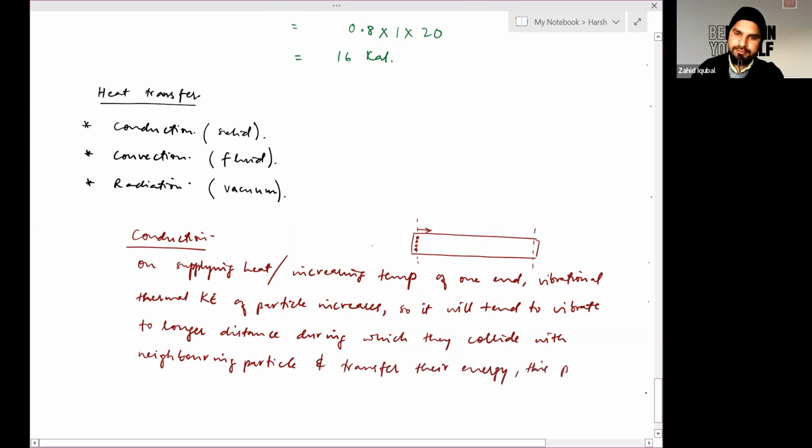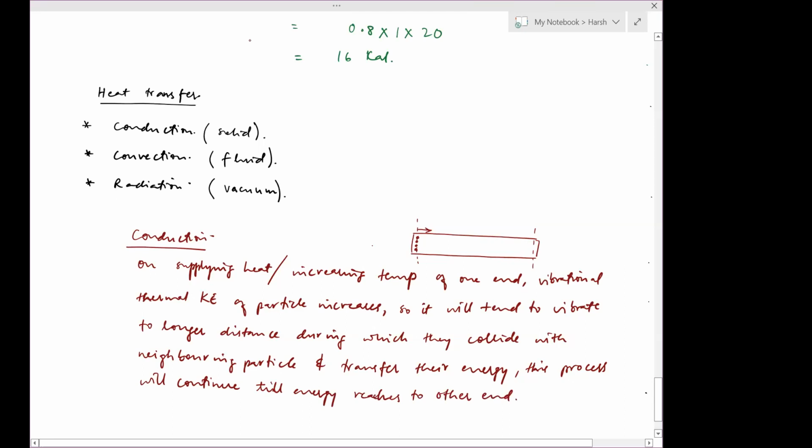This process will continue till the energy reaches the other end. Is it clear? Just write it down.